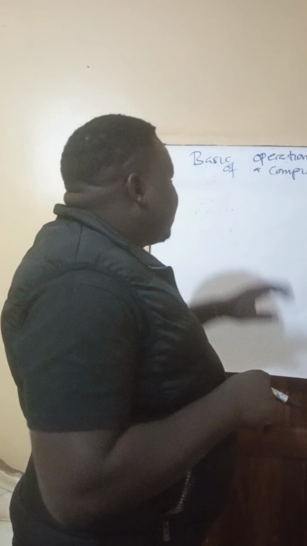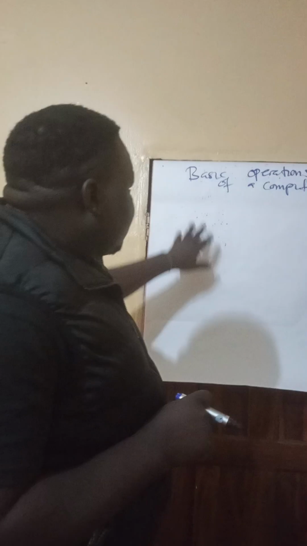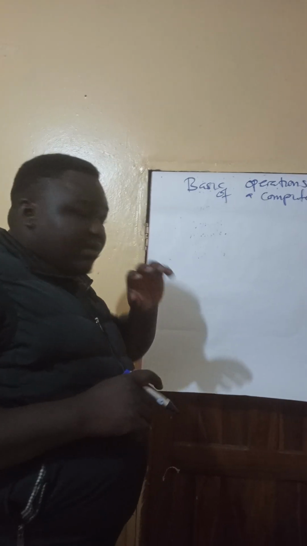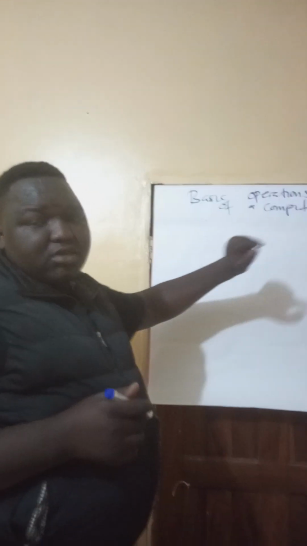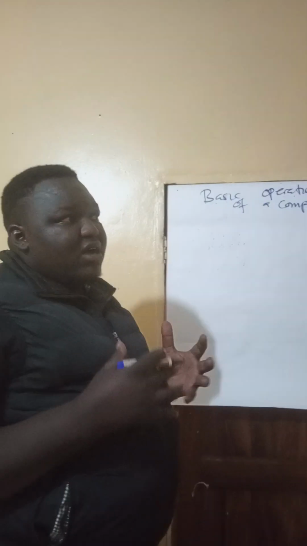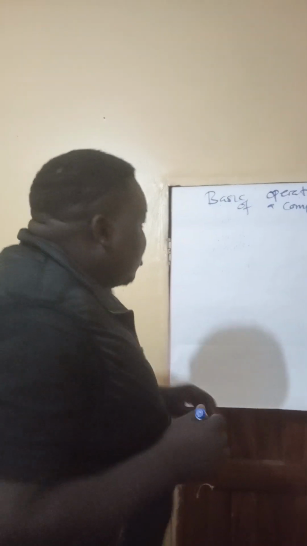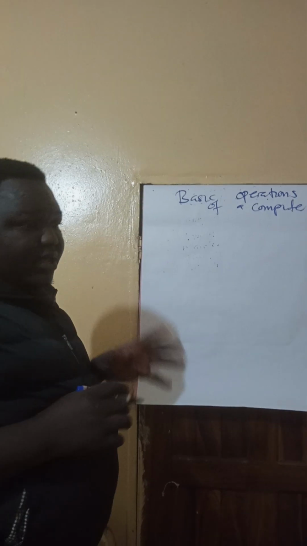So today we're going to look at the basic operations of a computer. I'm sure by now we know what a computer is, so we're going to look at how a computer operates.